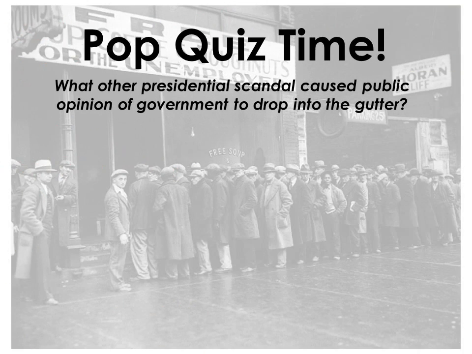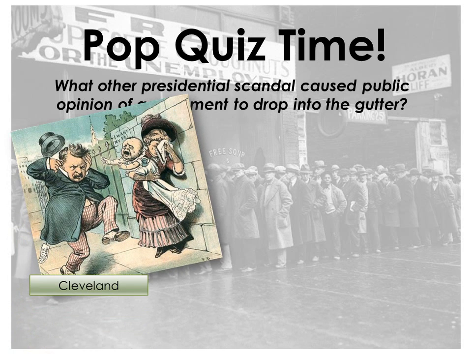It's time for another one of my annoying pop quizzes. Let's talk about what other presidential scandal caused public opinion of government to drop into the gutter. Could it have been Grover Cleveland, who the press blew the whistle on when they found out that he had fathered an illegitimate child?